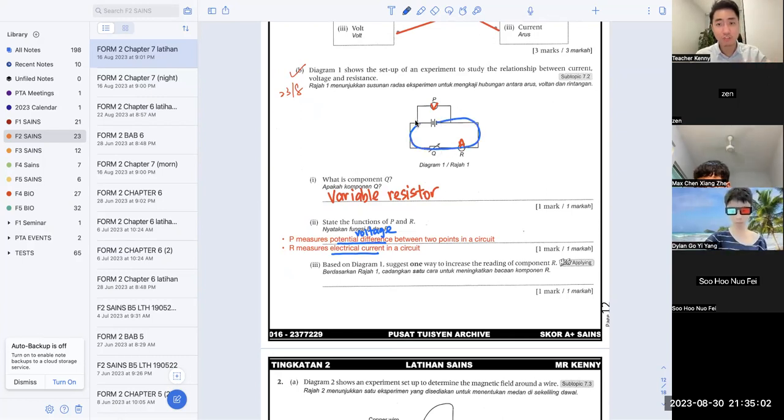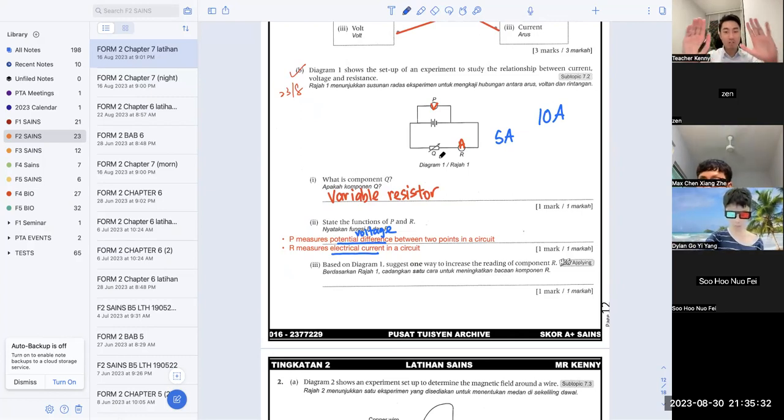Based on diagram 1, suggest one way to increase the reading of A. What is A again? A is electrical current. Students tell me, if I want to increase the reading of A, that means I'm moving very fast, 5 ampere, but I want it to move even faster, say 10 ampere. How do I make my electric current flow even faster? Remember, A and something else always work opposite each other. What is the something else?